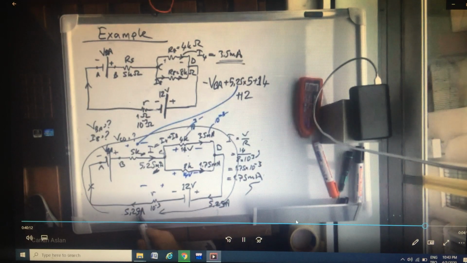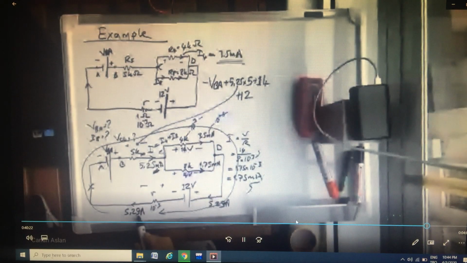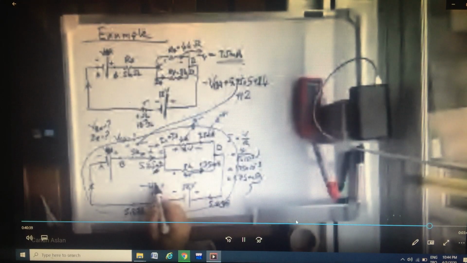So now, as you see, this is very small, okay. 10 to the minus 3, 5.25 milliamperes times 10 to the minus 3 kilo ohms. So this is 1 ohm. So 1 ohm multiplied by 5.25 milliamperes is just 5.25 millivolts.